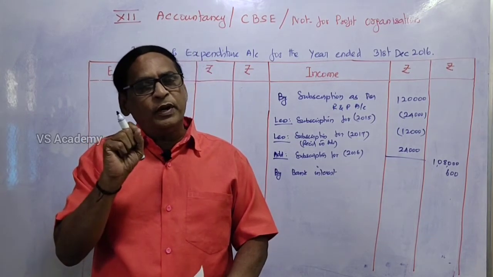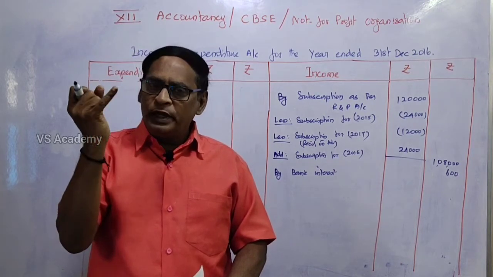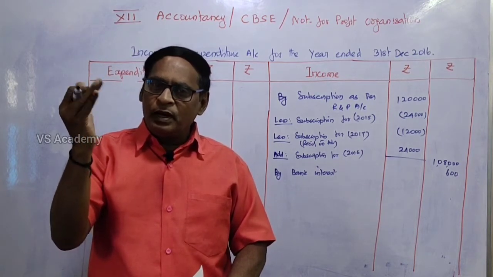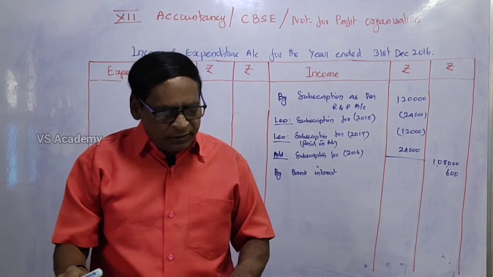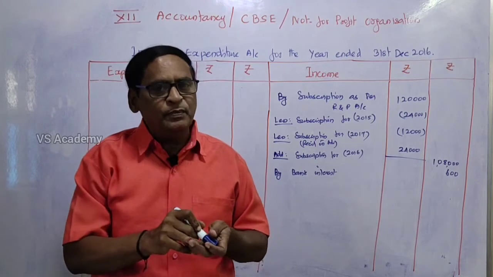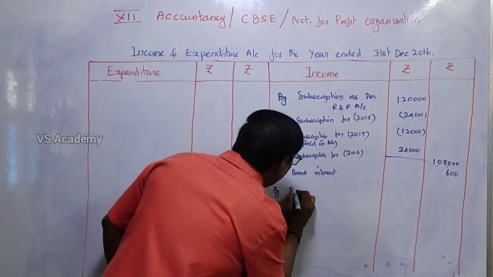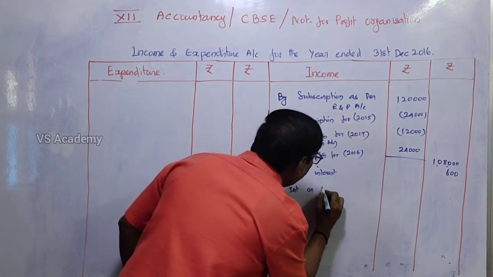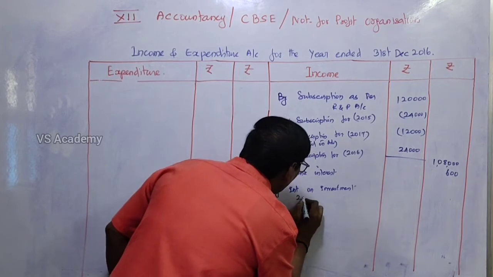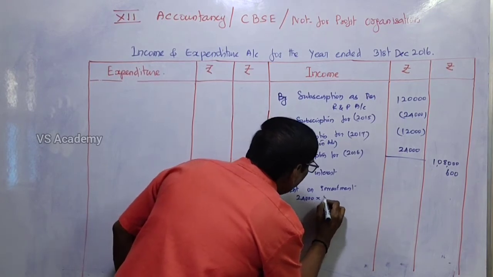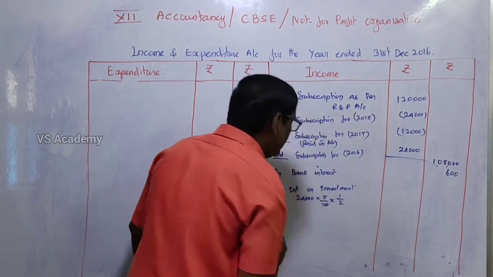For the calculation, how many months do we have to take? 1st July. So July, August, September, October, November, December. So for 6 months we have to find out the interest on investment at 5%. So interest on investment: 24,000 into 5 by 100, because 5% is for half year, 6 months.